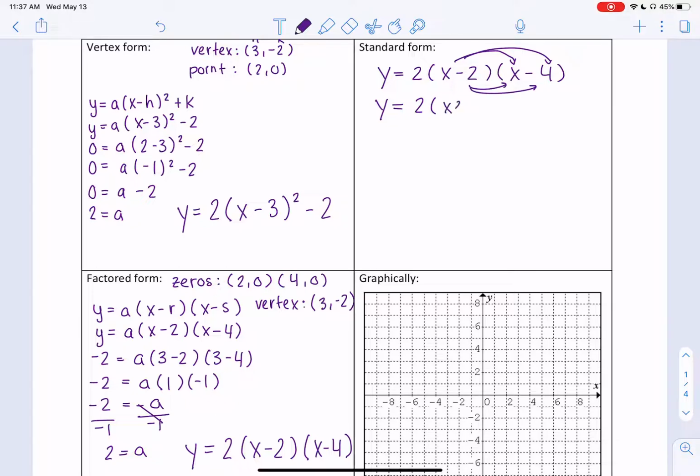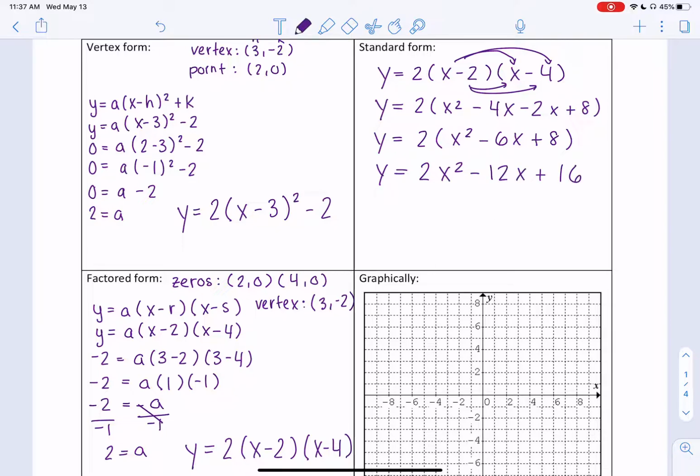So we'll have x squared minus 4x minus 2x plus 8. We'll collect some like terms. There we go. And then we'll multiply in that 2. So we're left with y equals 2x squared minus 12x plus 16.